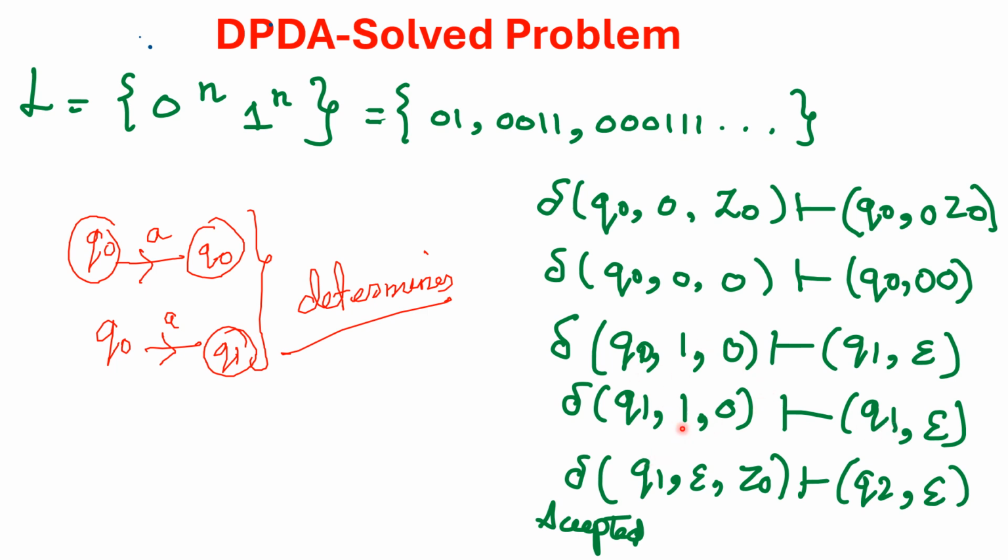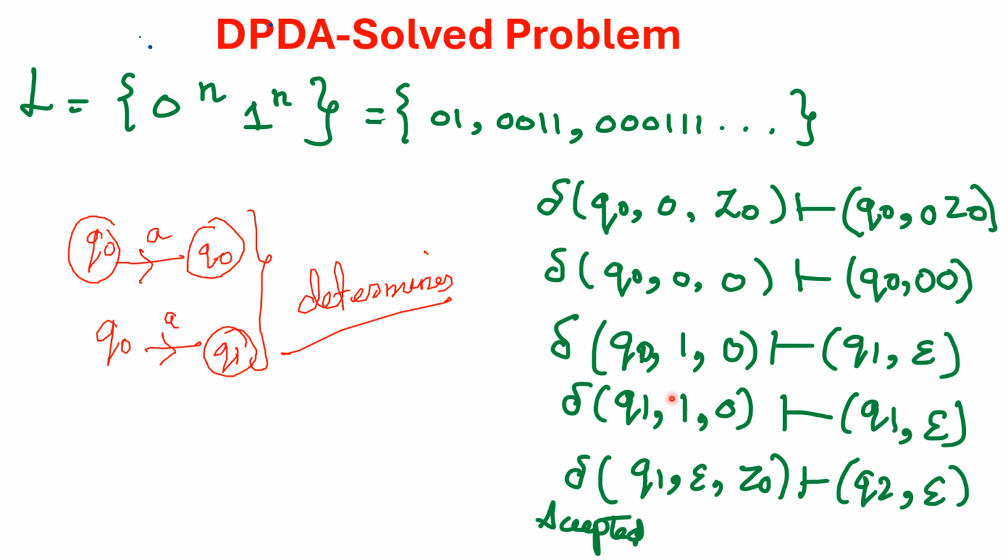So we keep on doing this. At one junction the input buffer becomes empty, in Q1 with epsilon, and the stack is Z naught, so we can switch over to another state, Q2, with the stack empty.